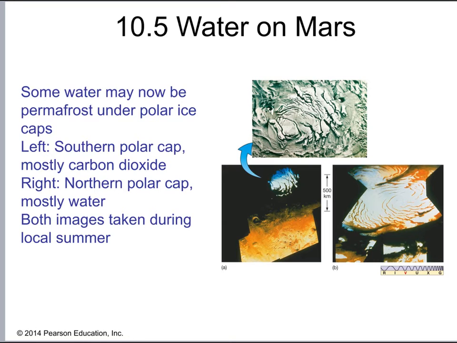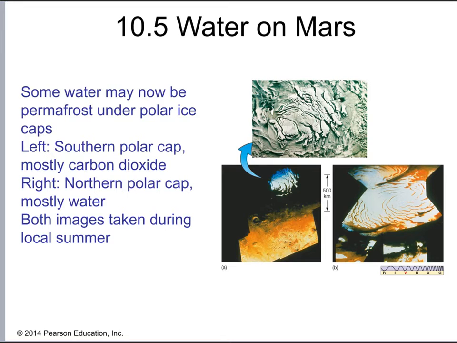And here we see, again, the polar ice caps, which we've talked about. It is believed that they are largely frozen water ice covered by frozen carbon dioxide. As I mentioned previously, in the southern hemisphere there's a much higher amount of frozen carbon dioxide. Of course, we know that's dry ice, just another name for frozen carbon dioxide.